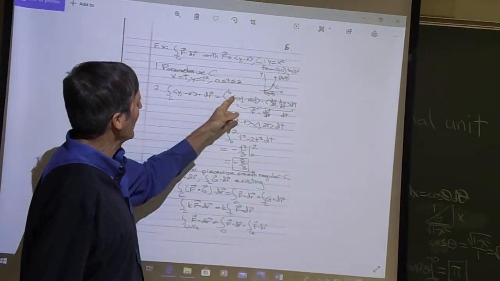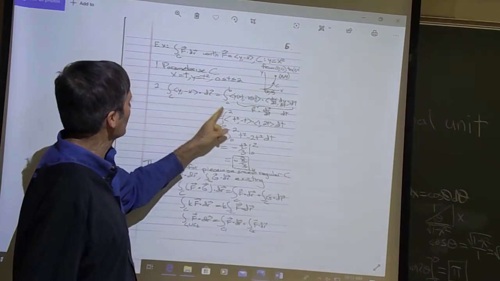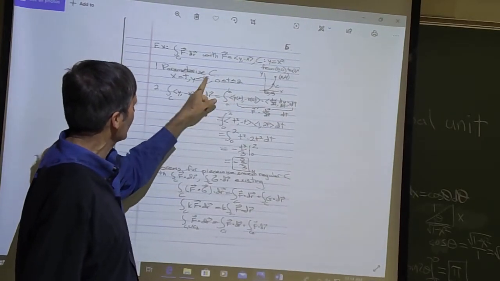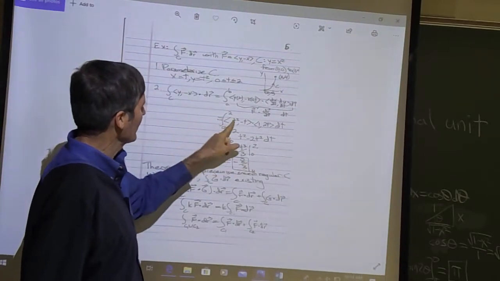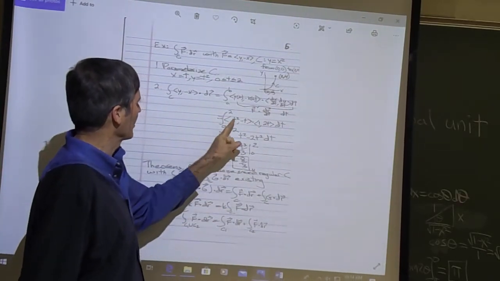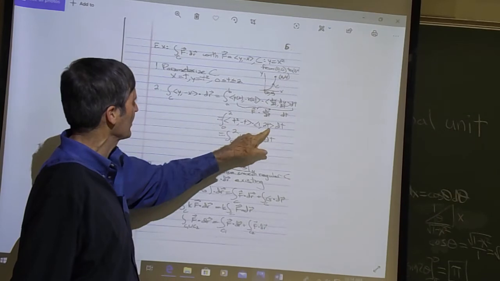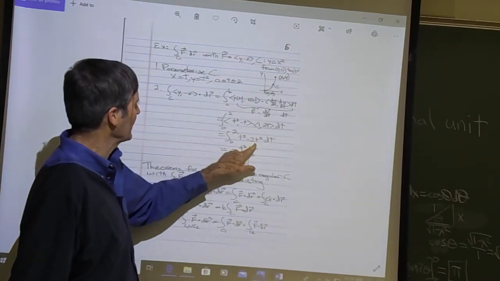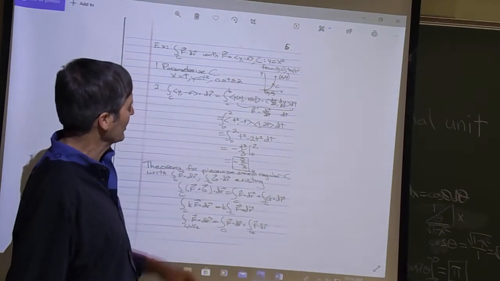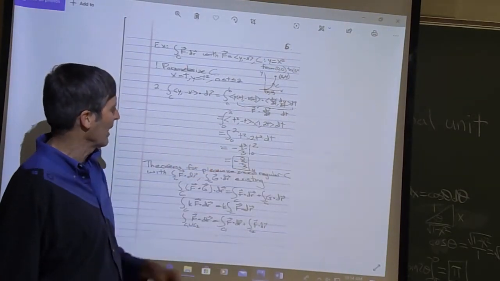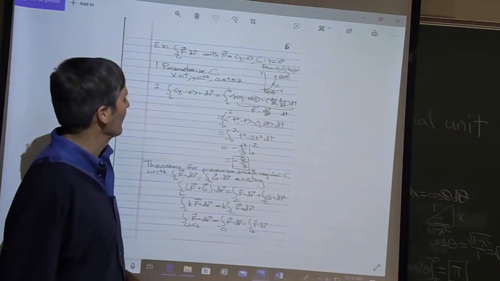We replace y of t and minus x of t in f with their parametric representations. Y of t is t squared, minus x of t is minus t. And so we've got to integrate this, calculus 1 integral, right? This times this is t squared, this times this by the dot product is minus 2t squared, so we're integrating minus t squared from 0 to 2. Comes out to minus t cubed over 3 from 0 to 2, which is minus 8/3. There's the value of this line integral.